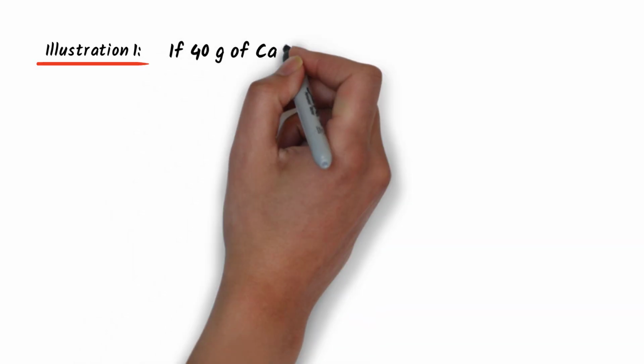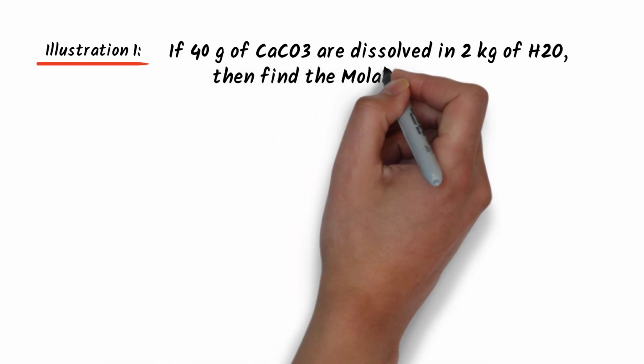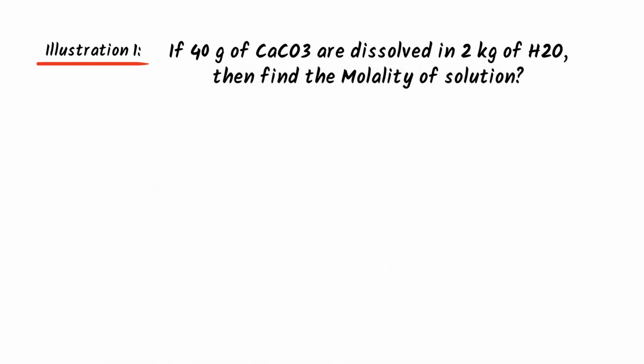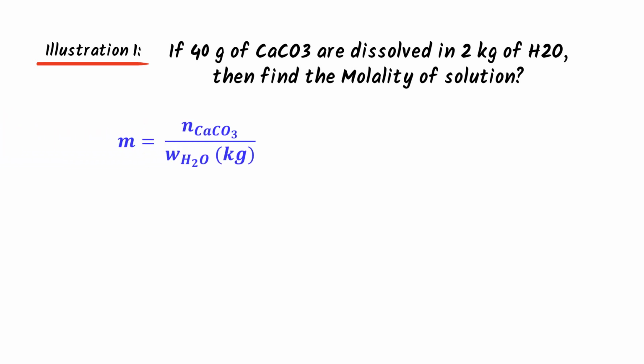Let's illustrate this with certain examples. So we have the first illustration. If 40 grams of calcium carbonate are dissolved in 2 kilograms of water, then find the molality of solution. As we know, molality is equal to the number of moles of calcium carbonate divided by mass of water in kilograms. Mass or weight of solvent is given as 2 kilograms. We need to find the moles of calcium carbonate, for which the mass of calcium carbonate is given as 40 grams.